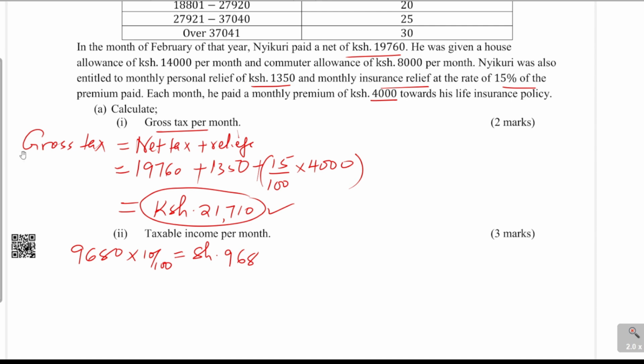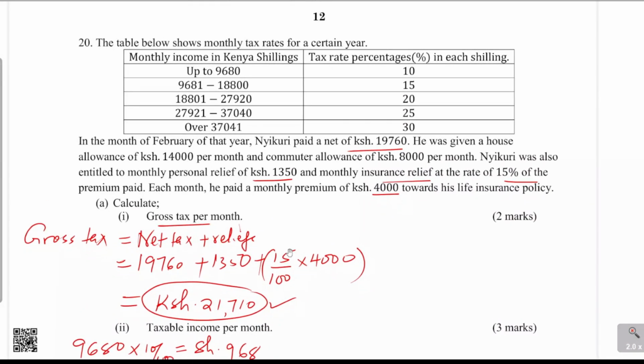So you go to the second band. To get the amount, you simply subtract this band. You simply take 18,800, subtract 9680. The size of this band will be 9120. Then for the other band, you can see this is 27,920, subtract 18,800.